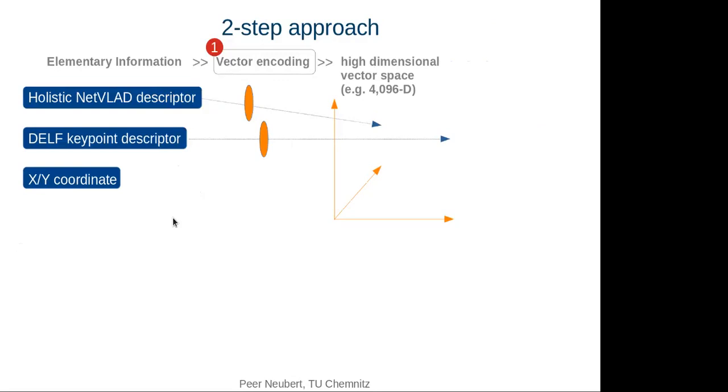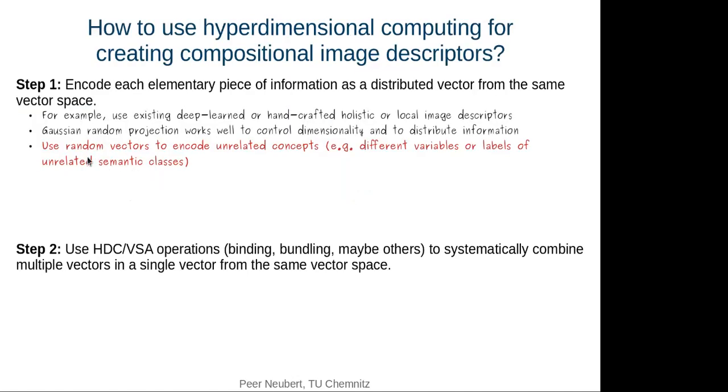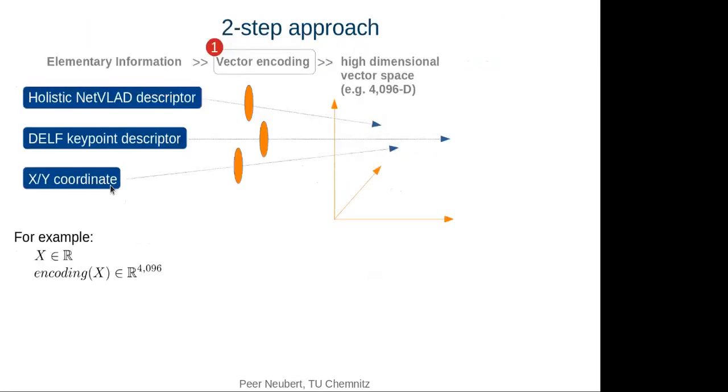And as usual in this VSA domain, it's a good idea if we have such a variable, we can fortunately use random vectors to encode those different variables if they are unrelated concepts, something like an X coordinate and a Y coordinate, or if we have different labels of unrelated semantic classes. Therefore we can just use random vectors as usual. So random vectors to encode the variable, and then we still have to encode the value.